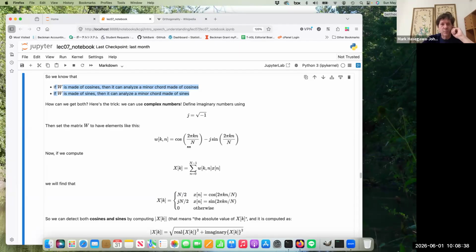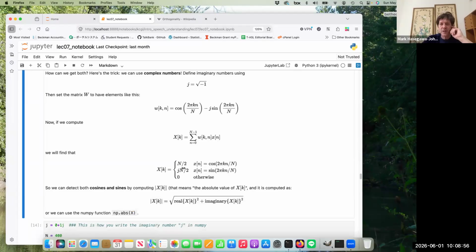This will give us a W matrix on the computer that's half real. This part could exist in the real world. And it's half imaginary. This part couldn't exist in the real world. But no problem. If we take the dot product of x with one of the rows of W, it will equal capital N over 2 if the input has a cosine at that frequency.